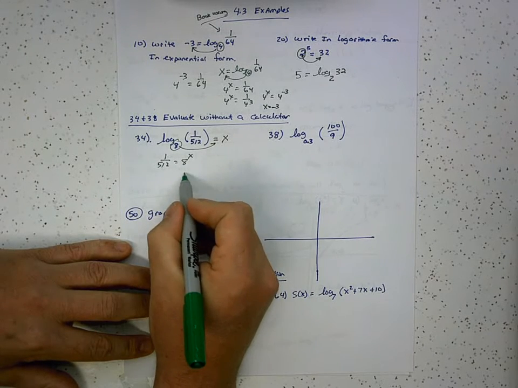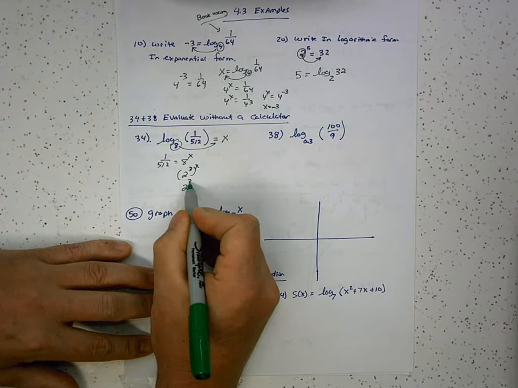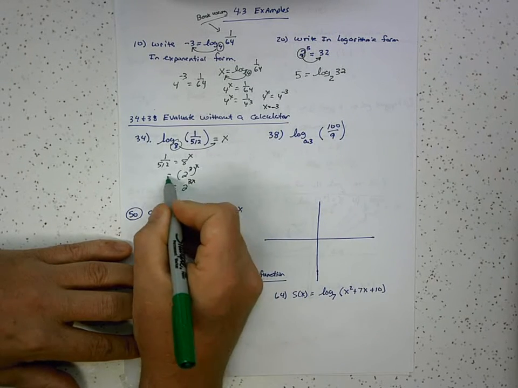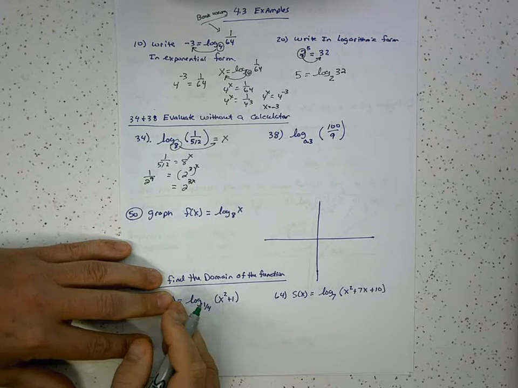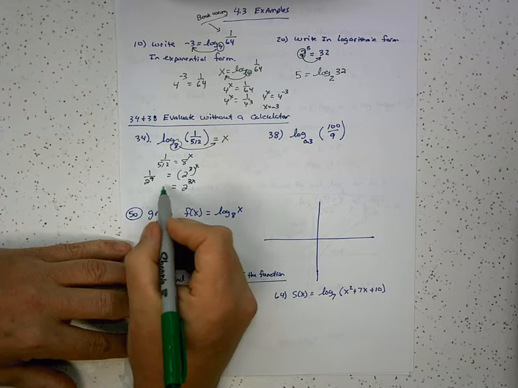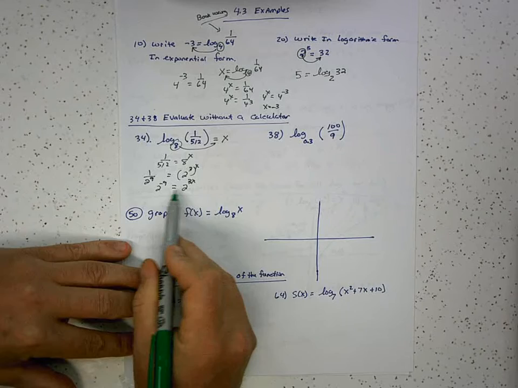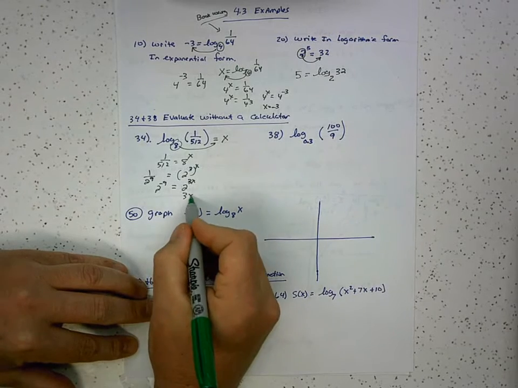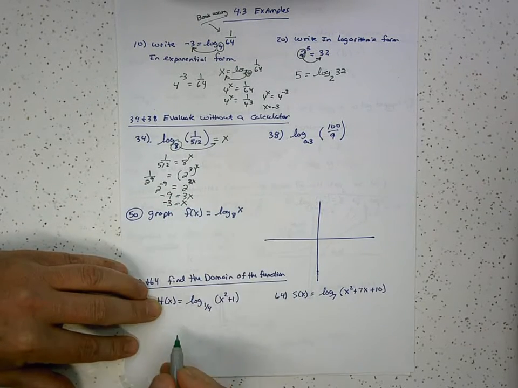But I know 8 is 2 cubed. So on this side I have 2 to the 3x. I know 512 is 2 to the 9th. So therefore this is 2 to the negative 9 because I have to bring it up top. Now my bases are the same, so I can set 3x equal to negative 9. Therefore x is negative 3.